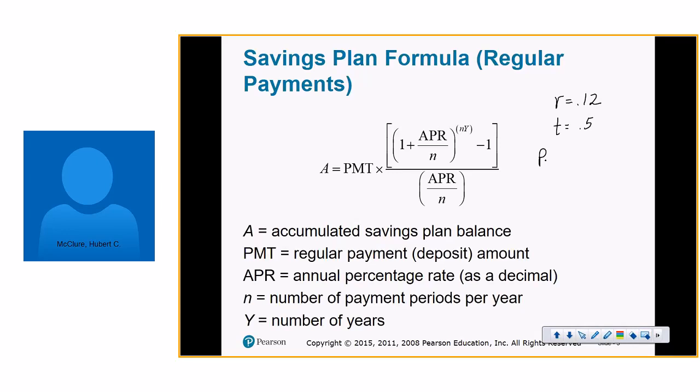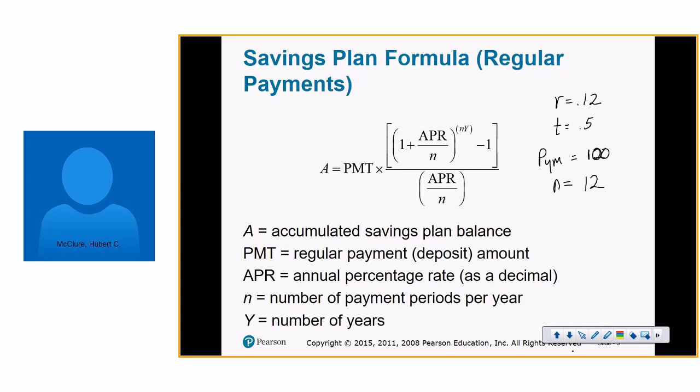Payment is $100. I thought there was something else. N is 12.